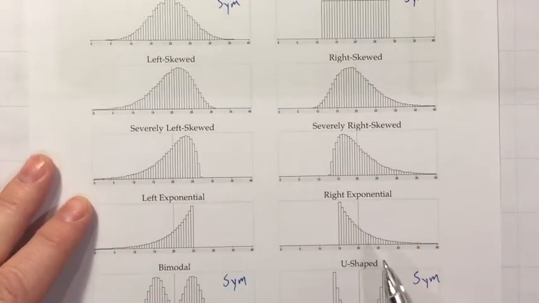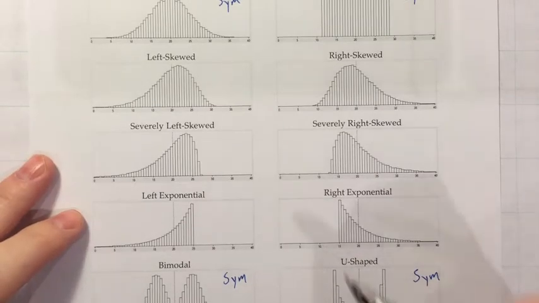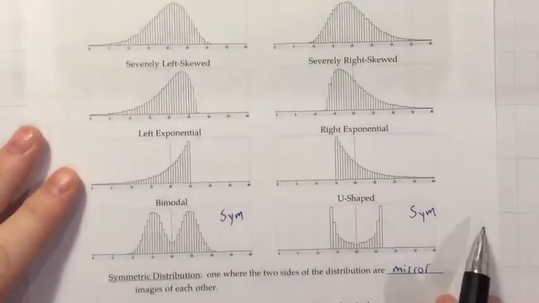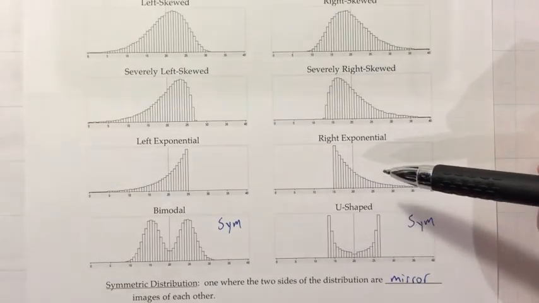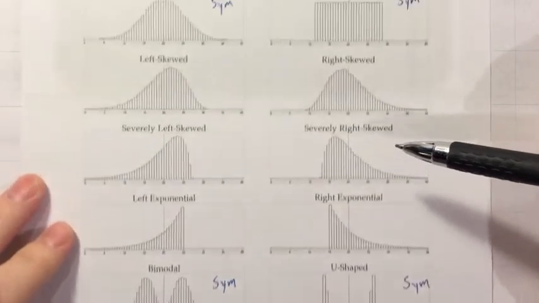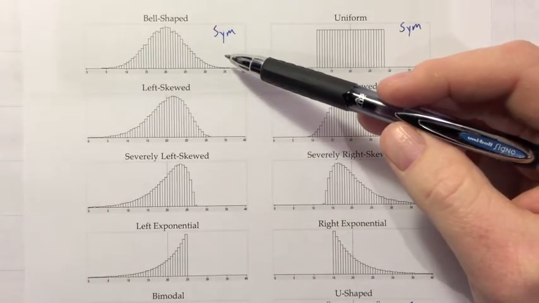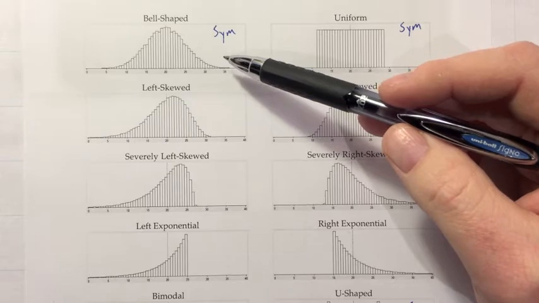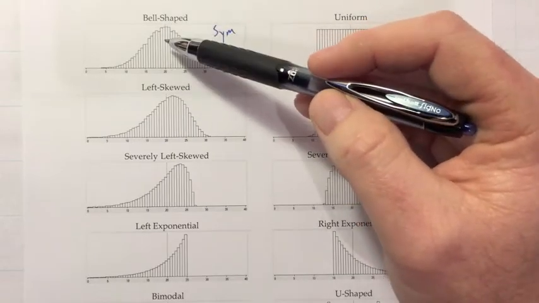That is not true for any of the ones in the middle, and typically we think of symmetric and skewed as being kind of opposite of each other. So all of these right here are left skewed, and these are all right skewed. And I just want to talk about that a little bit real quick. If you took a bell-shaped distribution and you randomly selected somebody from that and you said where would they most likely be from, you would say the middle because that's where the tallest bars are.